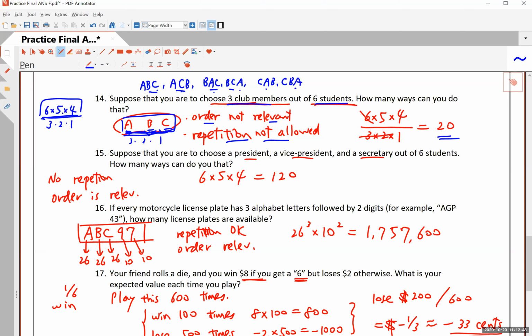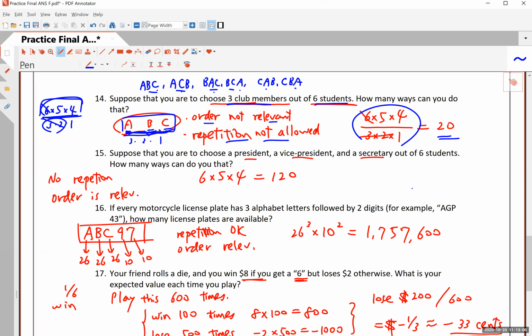So you have to divide this big number by 6, and that's where this calculation is coming from, right? So it's 6 times 5 times 4 divided by 3 times 2 times 1. And of course, this is 6, and this can cancel, and the answer happens to be 20.